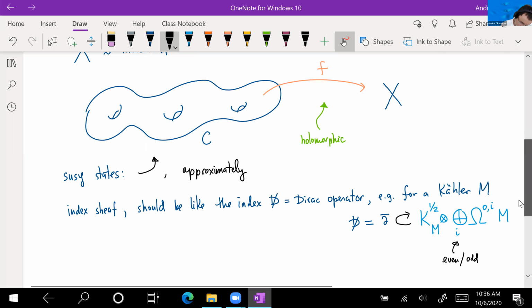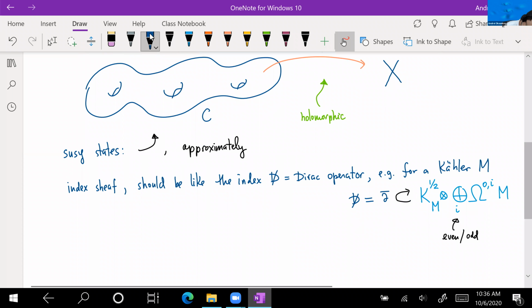And modeled on this, you would like this to be the index sheaf. I would like it to be kind of like the virtual structure sheaf, if you think about the construction of the virtual structure sheaf.